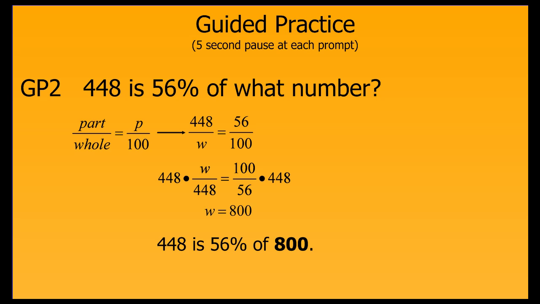We simplify. 100 times 448, then divide by 56, gives us an answer of 800 for our whole. Is that reasonable? Yes, it is. 56% is a little more than half of something. 448 is a little more than half of 800, so our answer is reasonable.